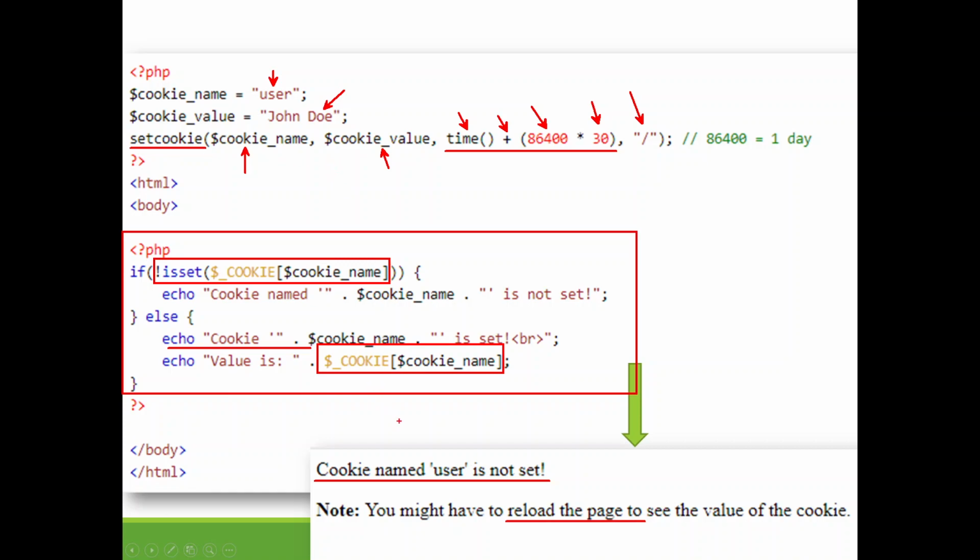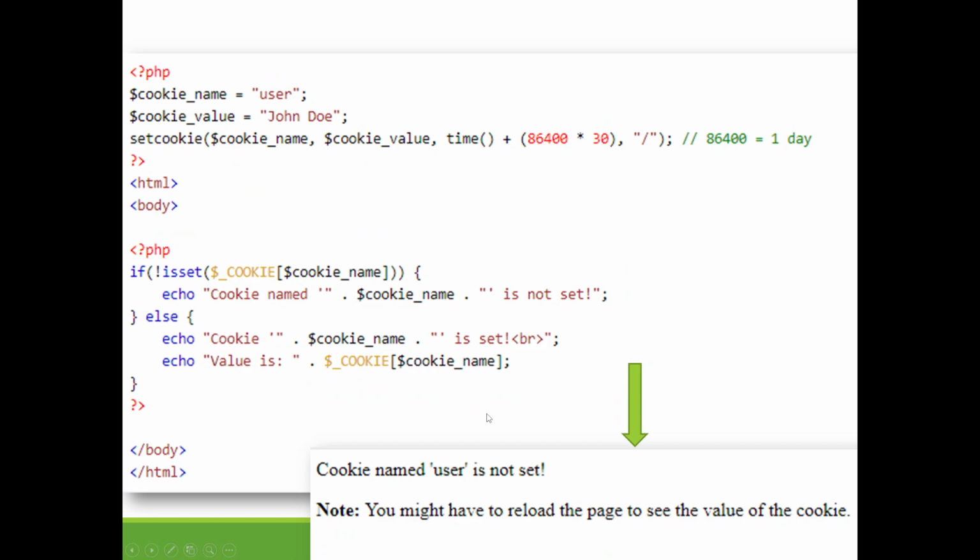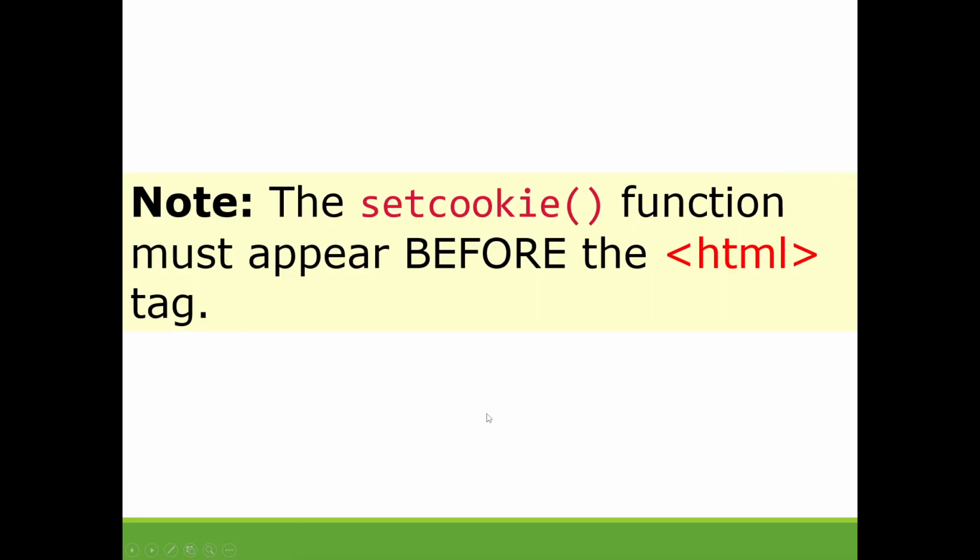So that's why you might need to reload your page to get the cookie value. I hope you understand that. Okay. This is a very important note: the set cookie function must appear before the opening HTML tag.